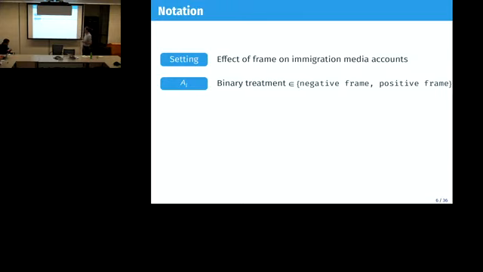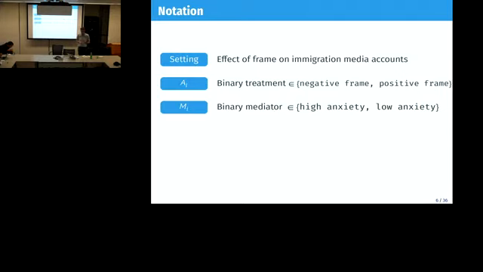Here, the treatment is going to be binary: negative frame or positive frame of the immigrants. The mediator that the original authors were interested in is various psychological outcomes that might be affected by treatment, things like anxiety.